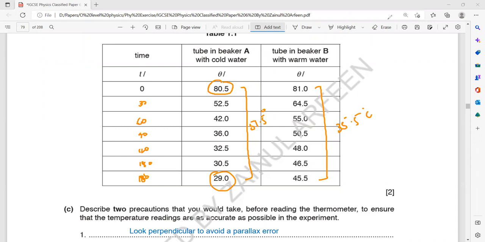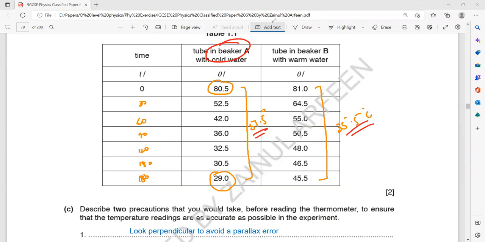So you can mention that in 180 seconds, the temperature change for beaker A, which has a low surrounding temperature, is 51.5 degrees. For beaker B, whose surrounding is warm or at a high temperature, it cooled down only by 35.5.